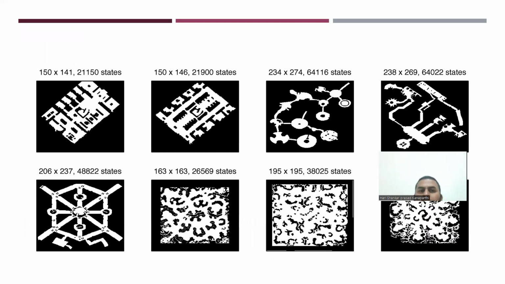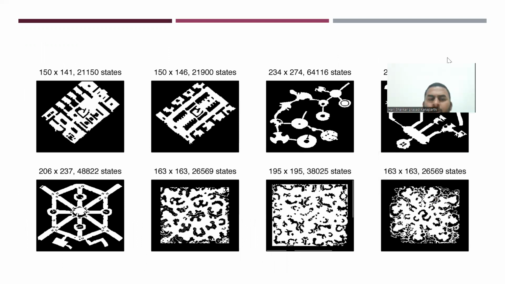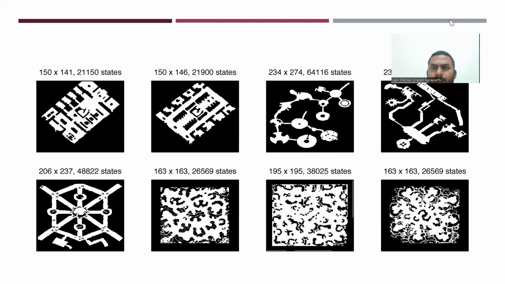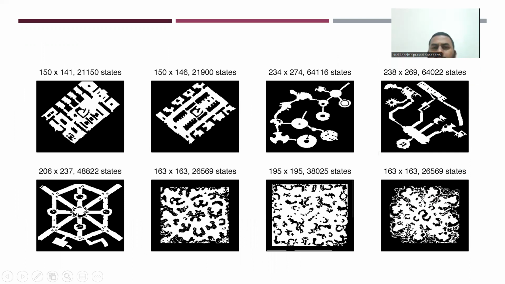So when we are going for empirical evaluation, we have compared 8 games. These are the mappings of 8 games. We have taken from 2 different games. So it will be having some different dimensions. The first 5 are taken from Baldur's Gate.